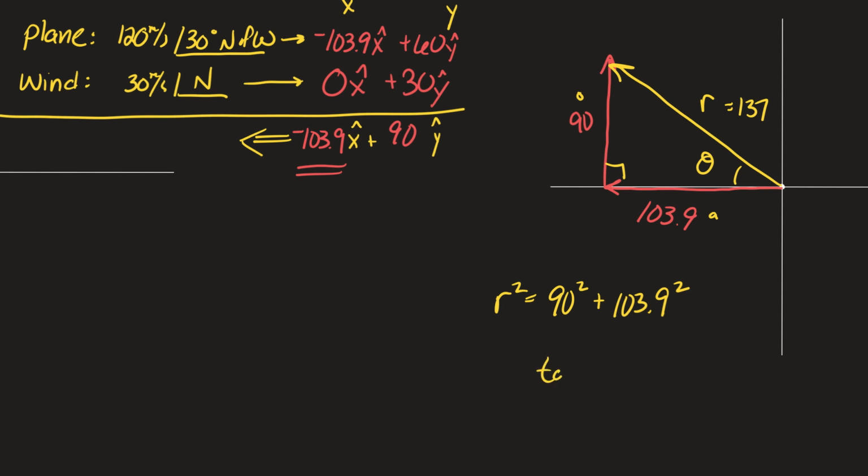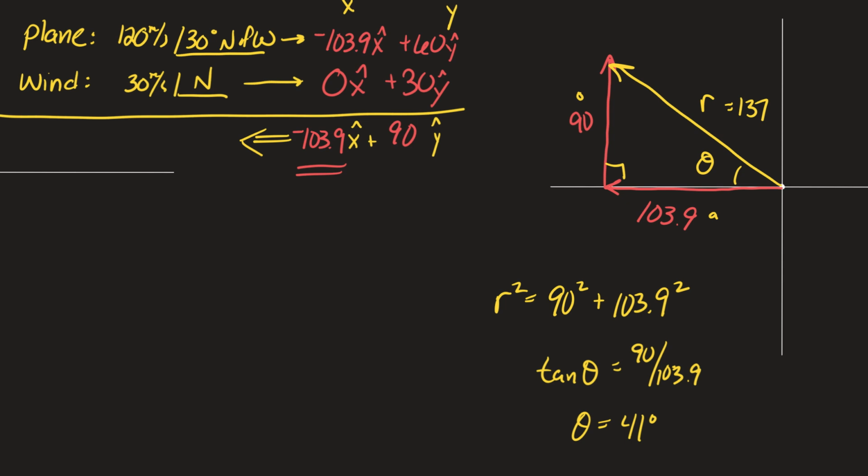So tangent theta equals 90 over 103.9. I know I told you to put all the trig functions, but you should be able to start cutting some corners soon enough. So I need the angle, tangent will give it to me. And when I do that, I get that the angle is 41 degrees. 40 and some change, but it rounds up to 41.